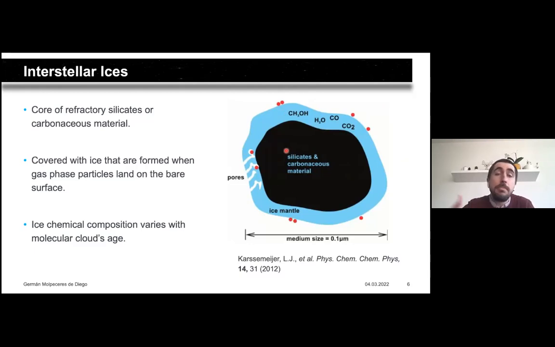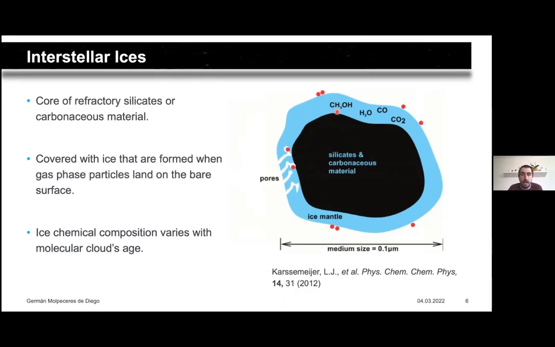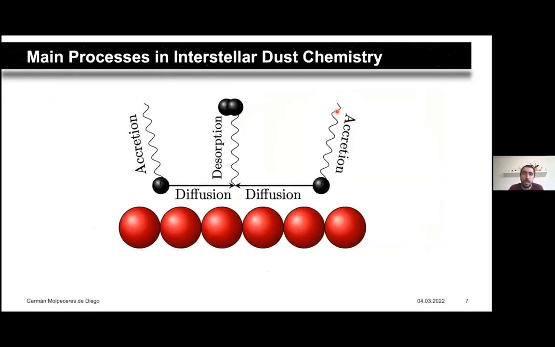But as the cloud progresses in time, we can find other components, such as apolar components like carbon monoxide, carbon dioxide, and eventually also methanol. So really complex and dirty ices. It's important to mention that the composition of these ices is not homogeneous across the whole molecular cloud lifetime.